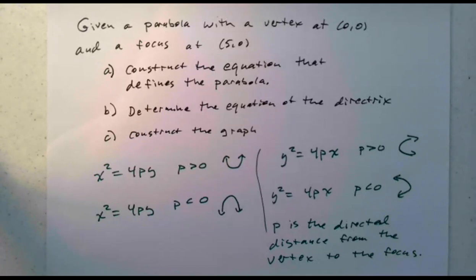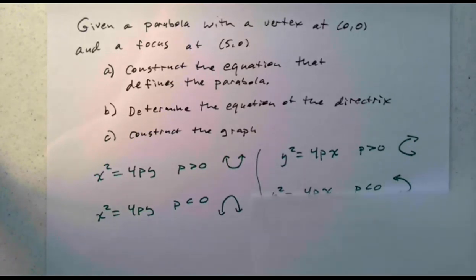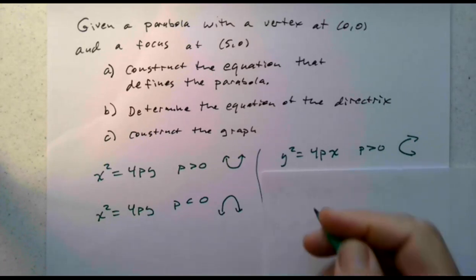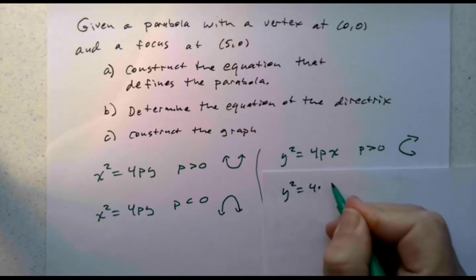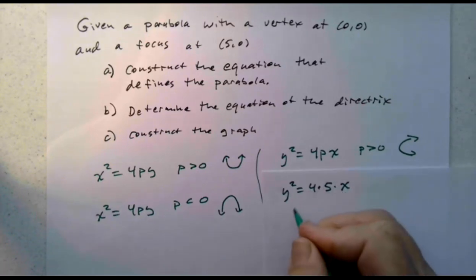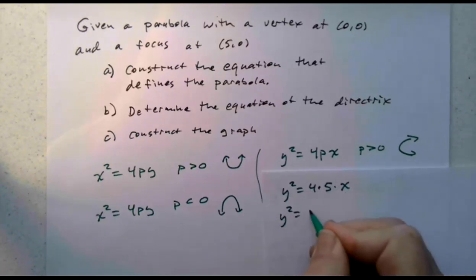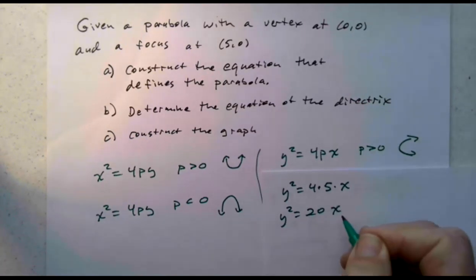So the model I'm using is this one: y squared equals 4px. Y squared equals 4 times 5 times x. It should be y squared equals 20x.